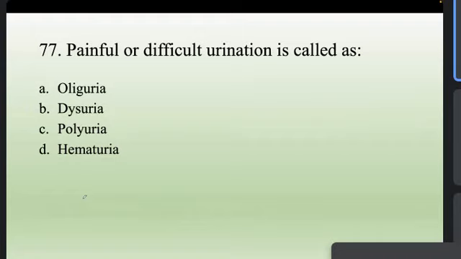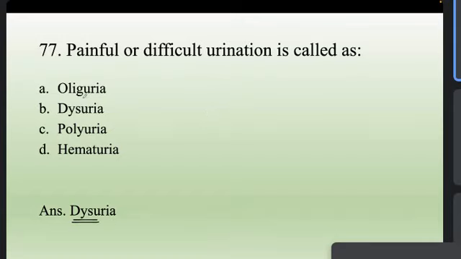Oliguria, not oliguria. Yes, it is dysuria. So for you to remember, the prefix dys means difficulty or painful. So you can just remember that term. That means painful or difficult urination is dysuria.